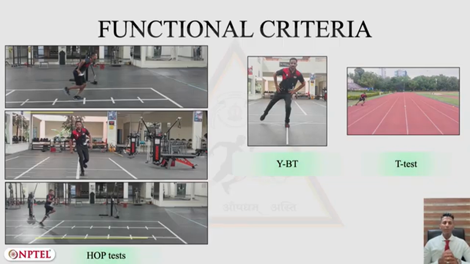Using them together provides a comprehensive profile of the athlete's functional readiness. Remember that quality of execution matters as much as quantitative scores. Faulty mechanics, despite symmetry, are red flags.